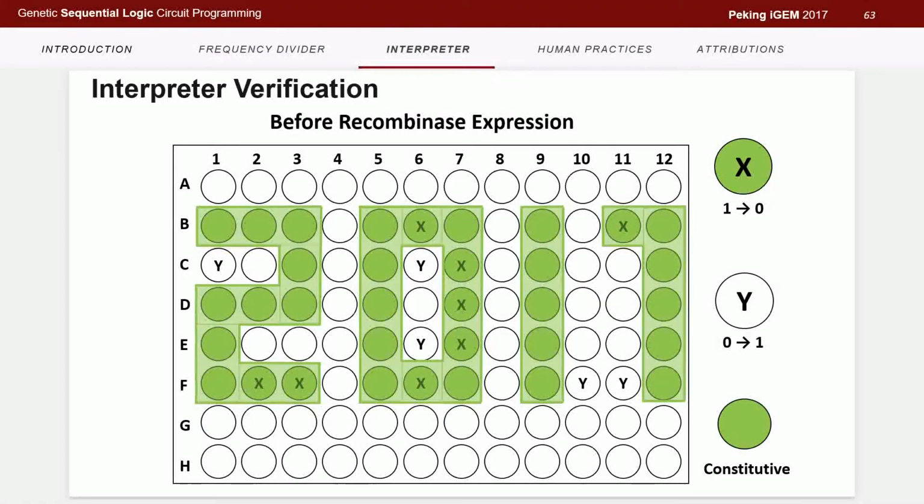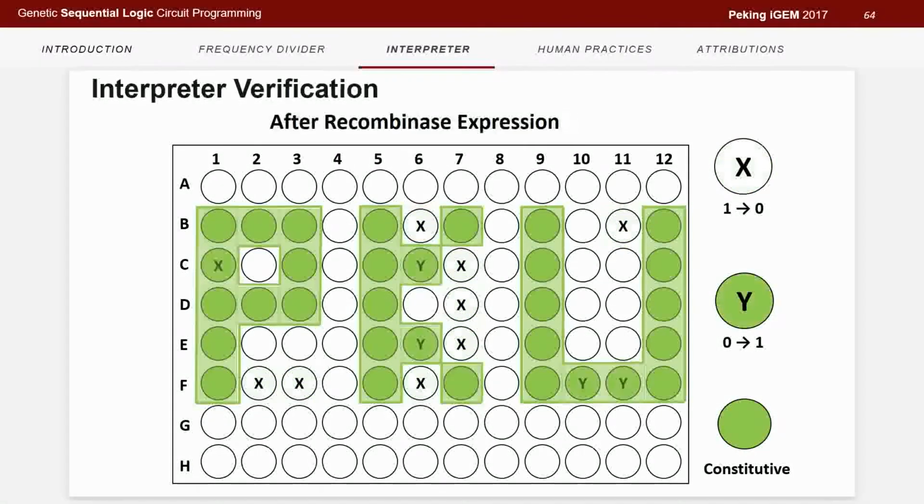Apart from these 2 types of cells, we add another type of cell that constitutively expresses GFP. Then we deploy these cells onto a 96-well plate as shown on the slide. Before the recombinase flips the target sequences, green fluorescence shows the pattern of 2017. After recombinase-mediated flipping, the fluorescence pattern changes into PKU, short for Peking University.